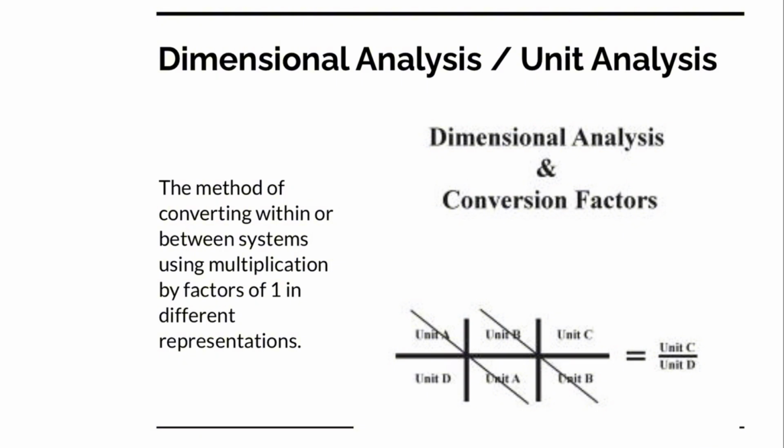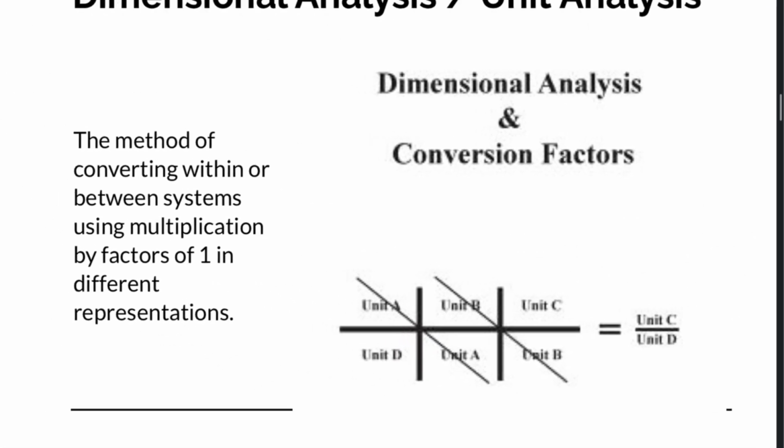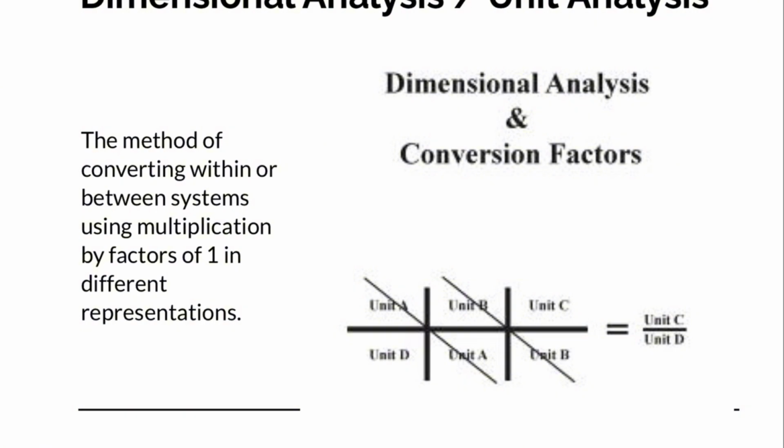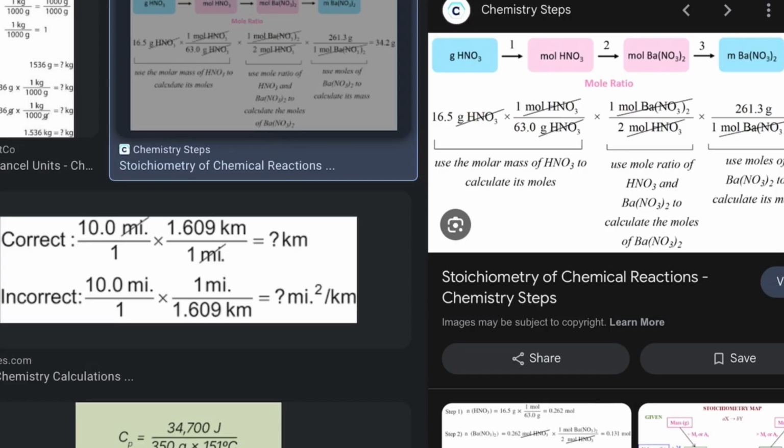Dimensional analysis, or unit analysis. This is the method of converting within systems using multiplication by factors of 1 in different representations. This is basically how it works. That's what it looks like. In case you're a little bit confused, here's an example.